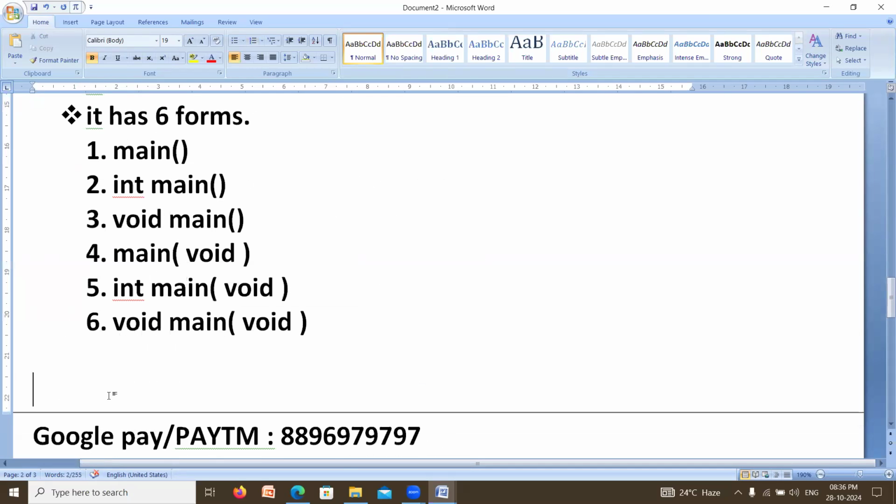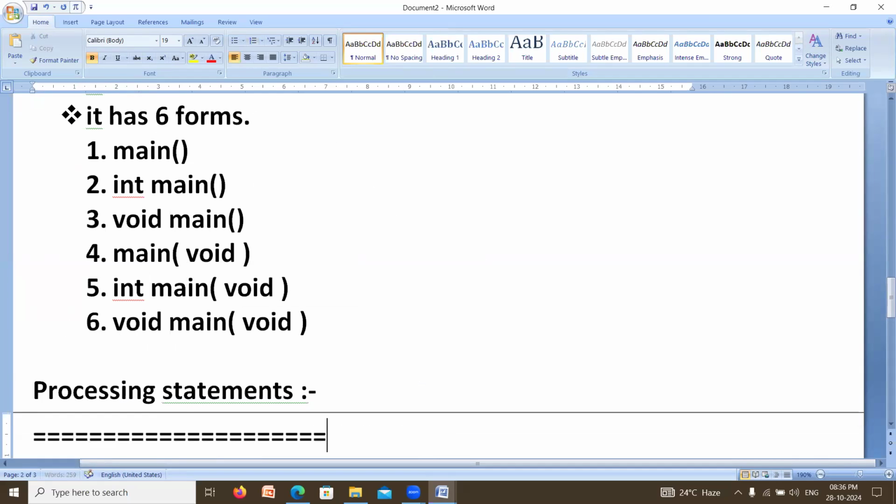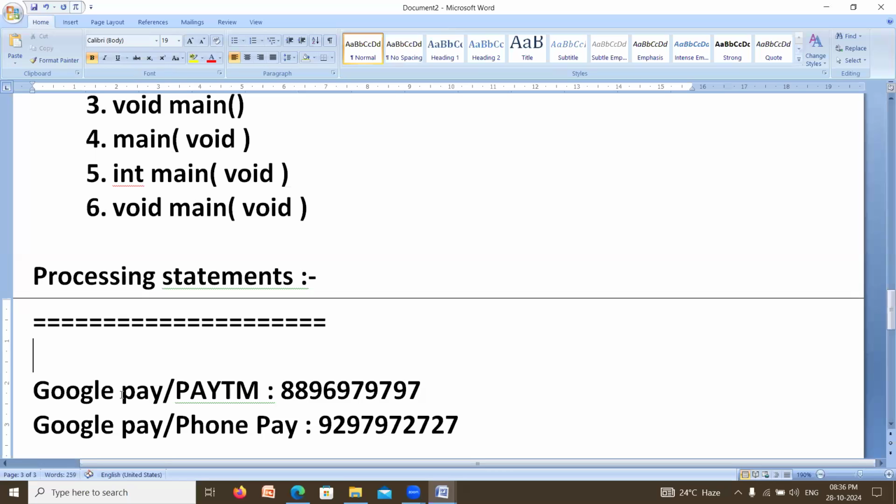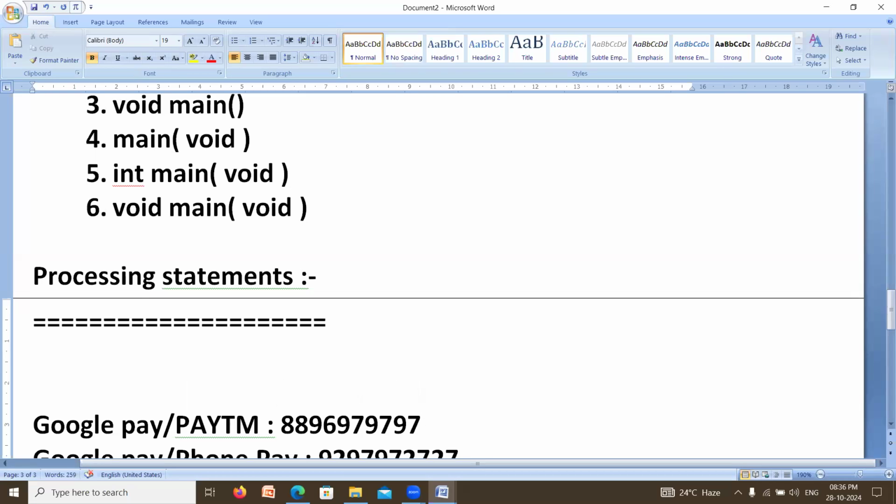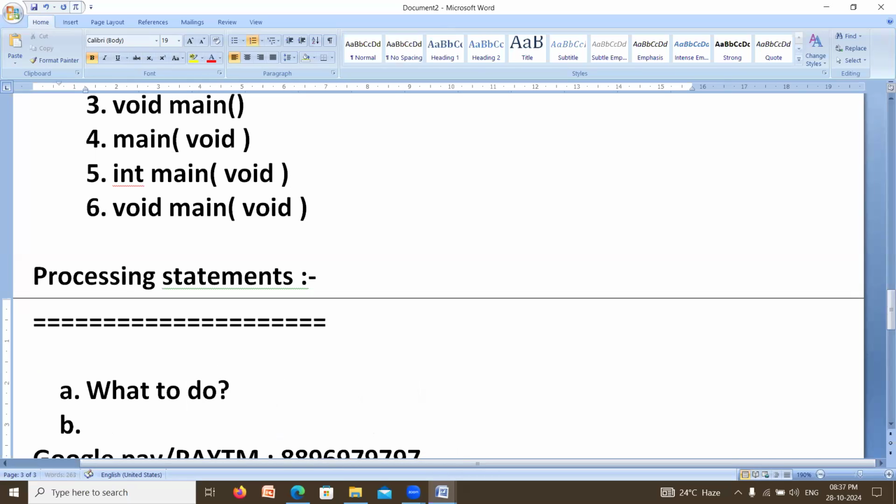Then, what are processing statements? Processing. To solve a problem, what do you have to do? That is what it is to do.